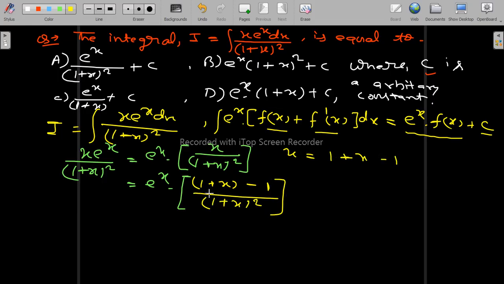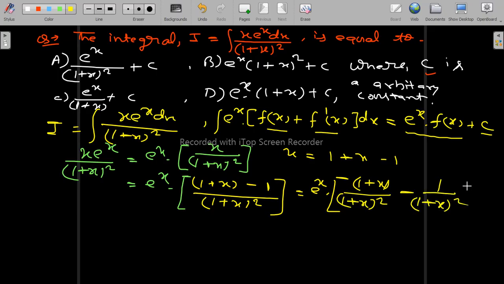Now I will separate this function. So this is e power x, and when you separate this, you will get 1 plus x by 1 plus x whole square minus 1 by 1 plus x whole square.